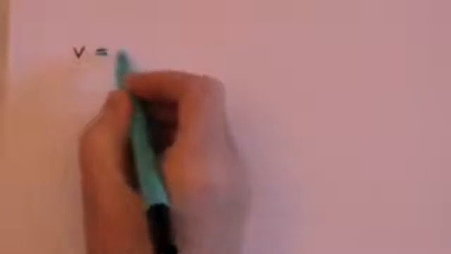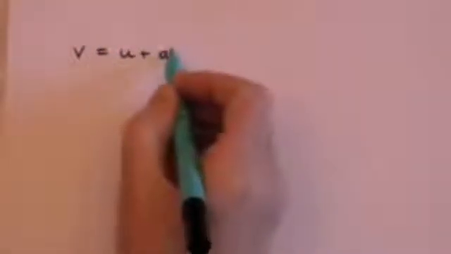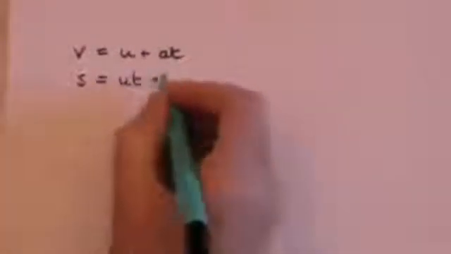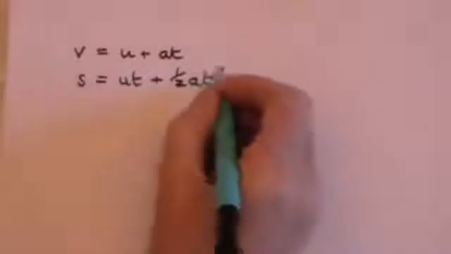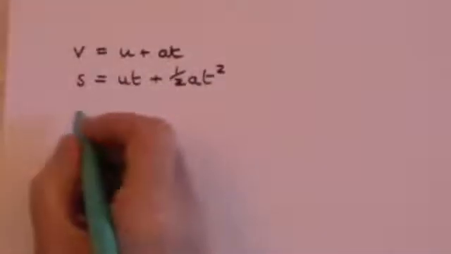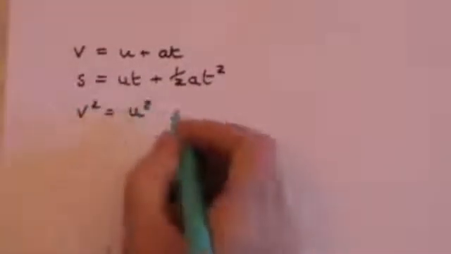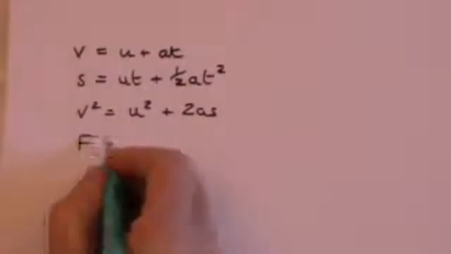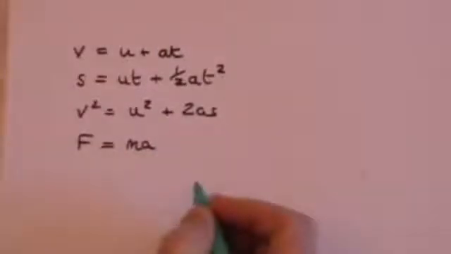These are all in my video on classical mechanics. A level: v equals u plus at, s equals ut plus half at squared, v squared equals u squared plus 2as, and then F equals ma.